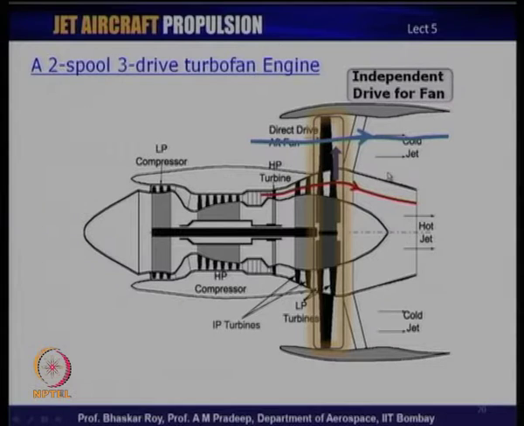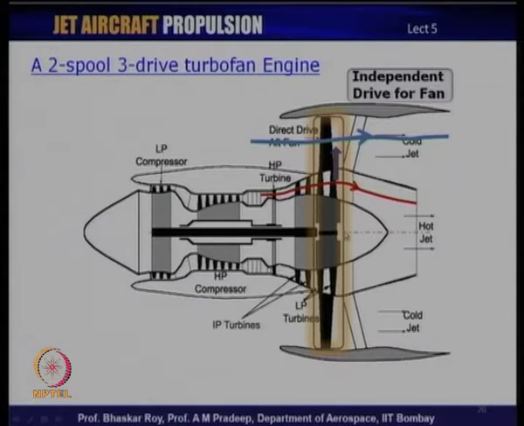Now, this is often called an aft fan, because the fan is not in front of the engine, but somewhat towards the rear of the engine. The peculiarity or ingeniousness of this particular design is that it does not have a shaft to convey the power from turbine to the fan, but the power is directly conveyed from the blades of the turbines to the blades of the fans, which rotate together on the same inner shaft.